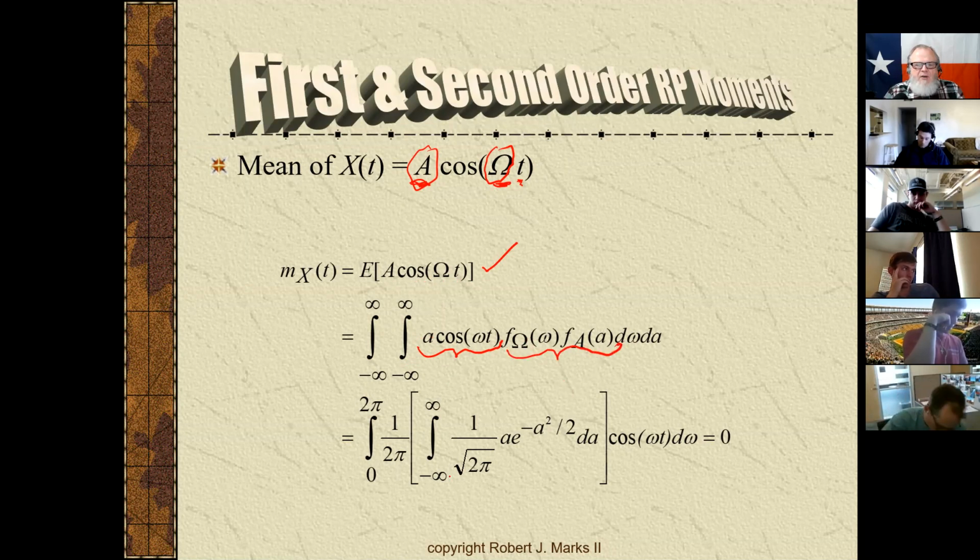And we can break up the integration, and we can just integrate over, first of all, the amplitude. So we're going to substitute in the probability density function for this. Now this is a Gaussian probability density function.